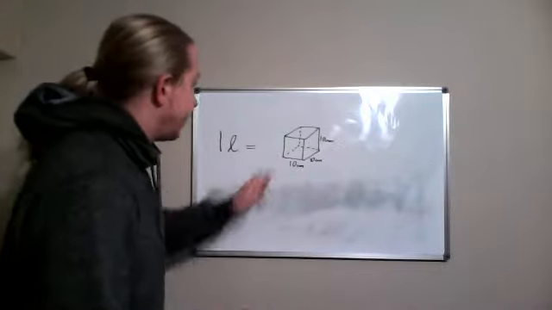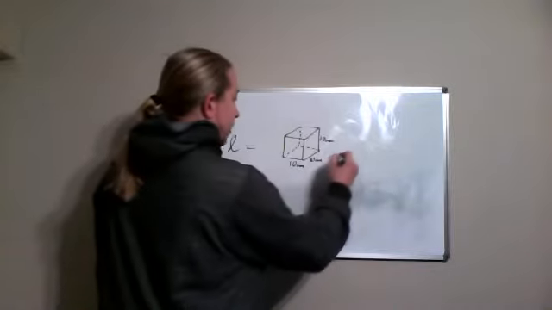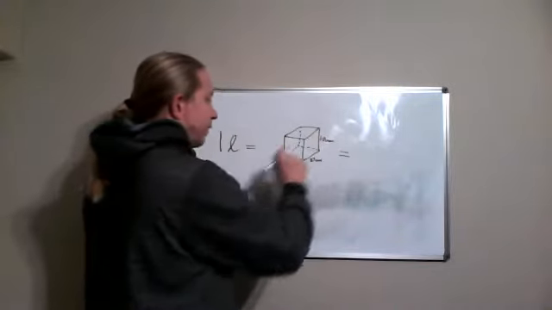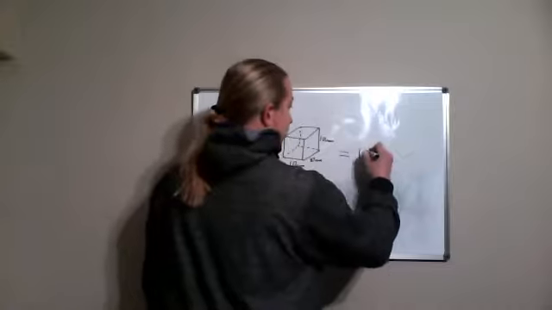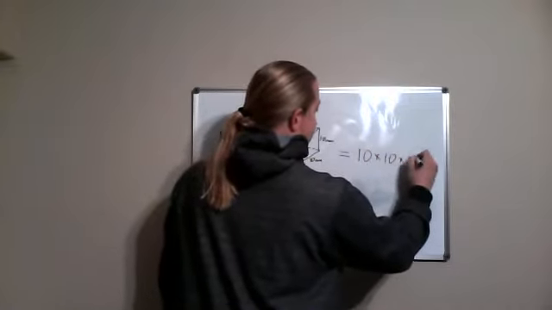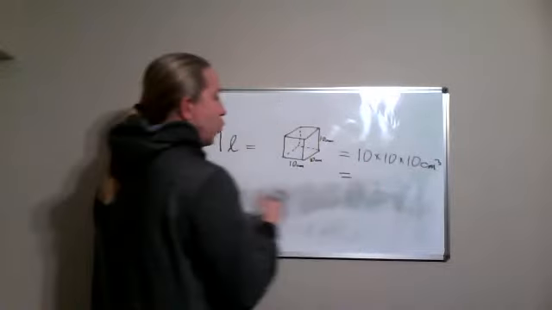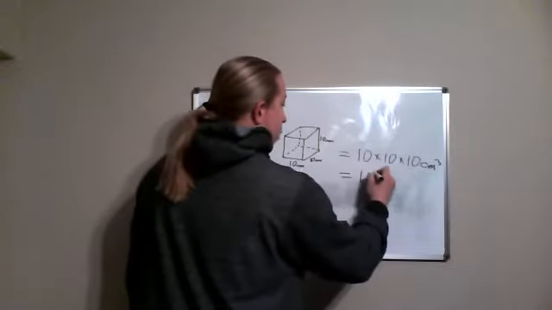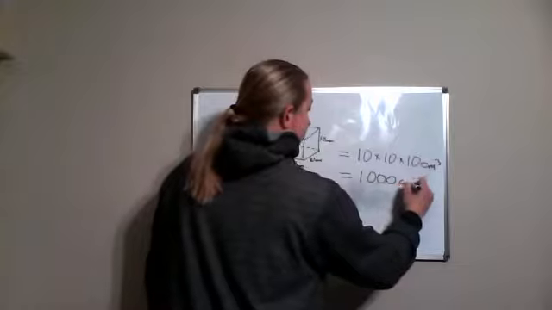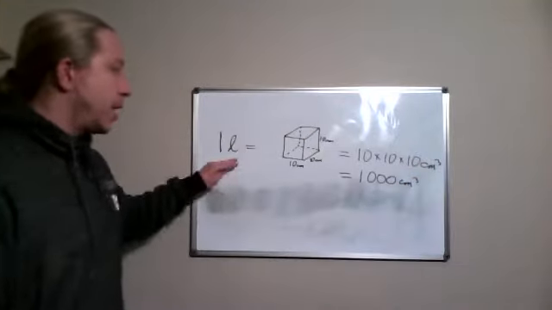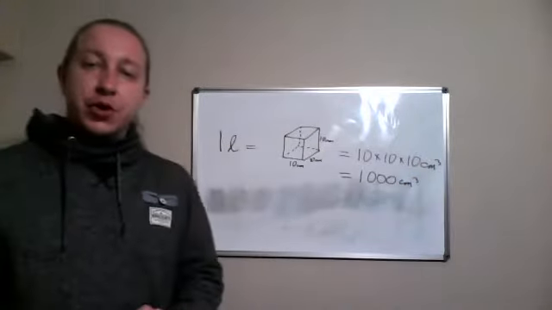So what is 1 liter? How do we work out the volume of this cube? It is 10 times 10 times 10, and it is centimeters cubed. So essentially 1 liter is going to be 1,000 centimeters cubed. That is our basic conversion that we're going to use.